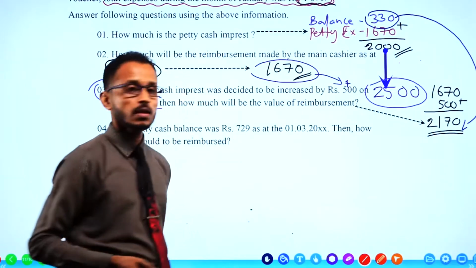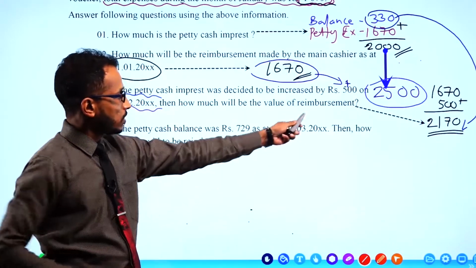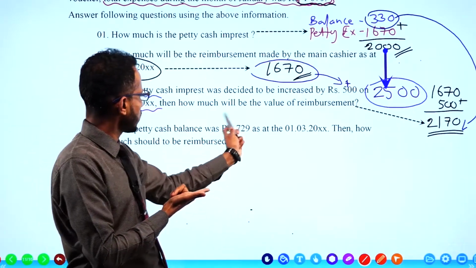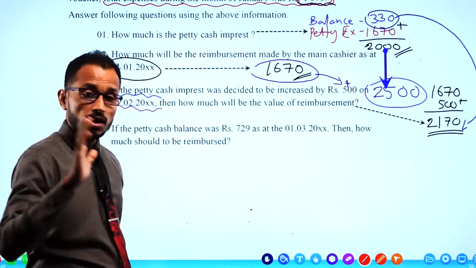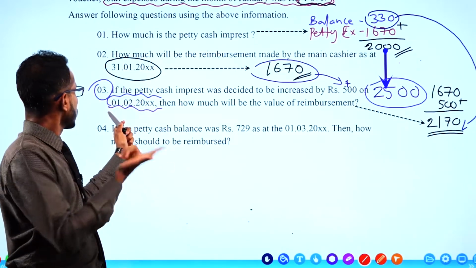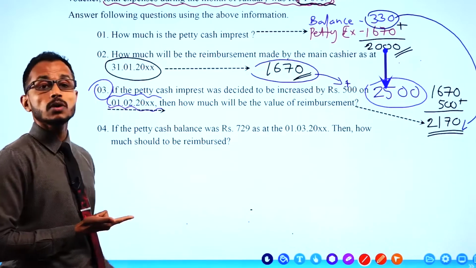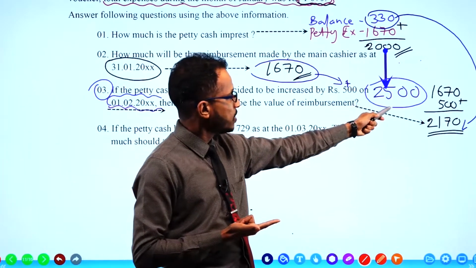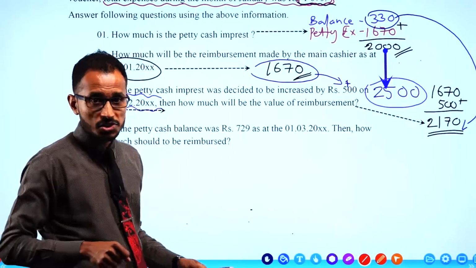Okay. Right. Last question. They're asking what if the petty cash balance was 729 as at 1st March. Now, February month is over. The new imprest in the month of February is 2,500, right? And again, there's a question.